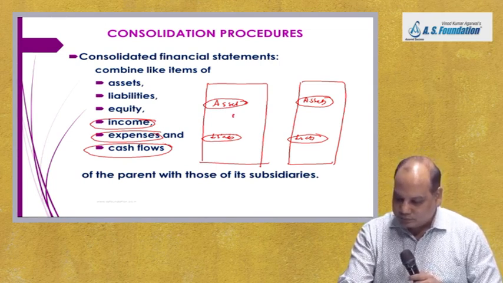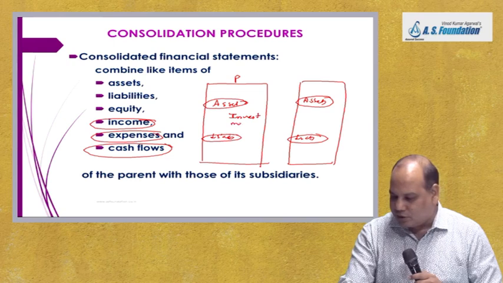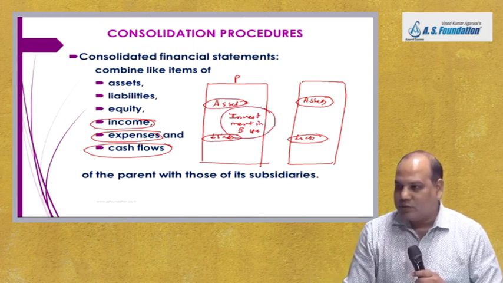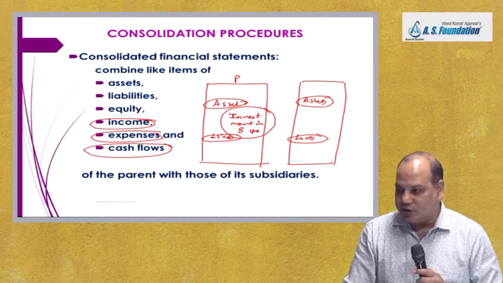For example, in the parent's balance sheet, investment in subsidiary will appear. This will not come in the CFS. This will be cancelled against the share in the net assets of the subsidiary.